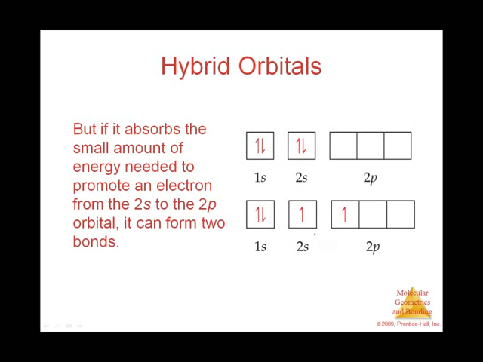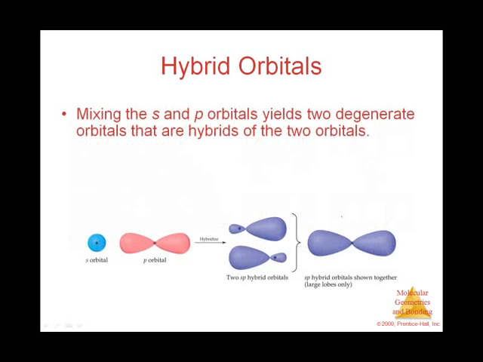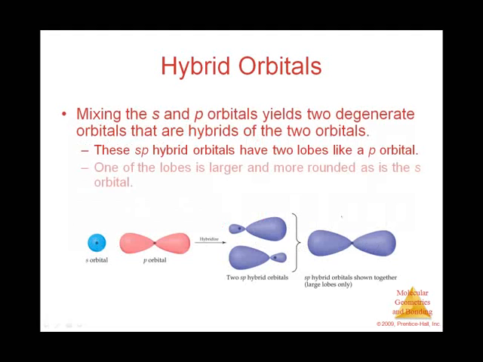Okay? And now it has 2 singly occupied orbitals and can form 2 bonds. So the mix of the s and the p orbital yields two, kind of a strange word, degenerate orbitals that are considered hybrids of the two.